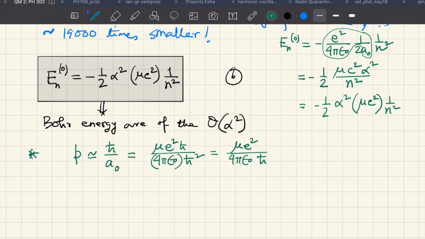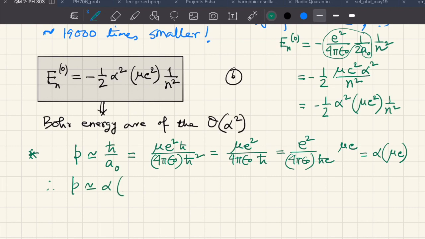And again you see that this is nothing but e square, let us write it like this, by 4 pi epsilon naught h bar c, and then we have mu times c in the numerator. So this is again alpha times mu times c. So p is almost of the order of alpha times the rest energy of the electron.